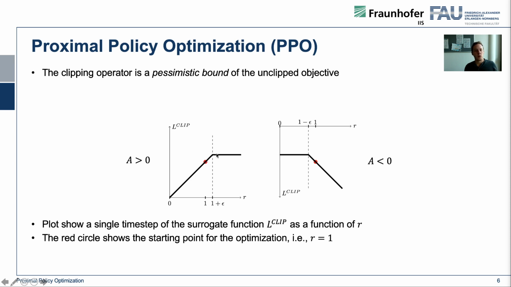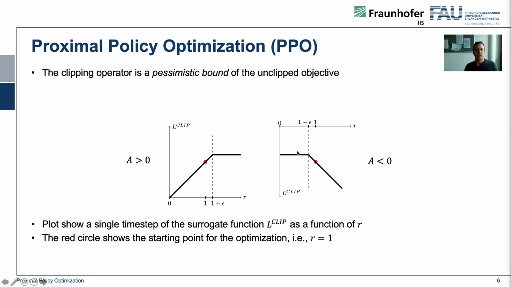So L-clip will be positively bounded by a value in here, meaning that there will be no incentive to move the policy parameters to this probability ratio in here, because there is already a maximum. And what you see in here, if the advantage is negative, it will also be clipped at this point, because then the min will kick in, and 1 minus epsilon times the probability ratio will be the final objective that is being maximized.